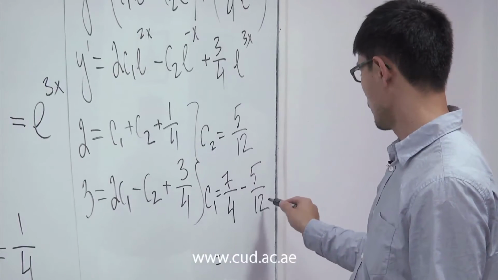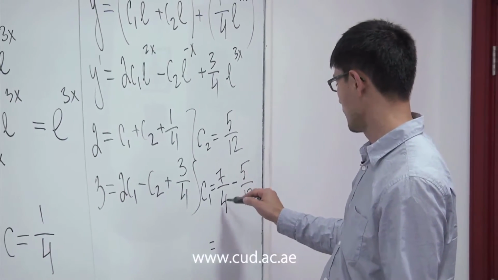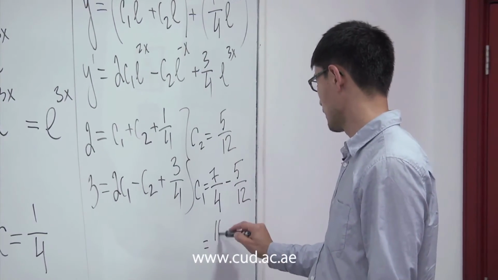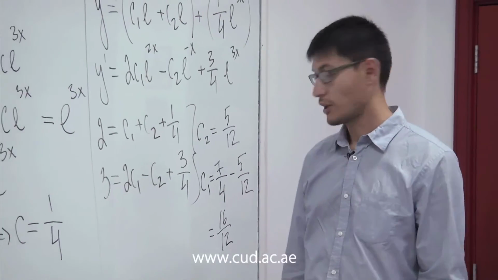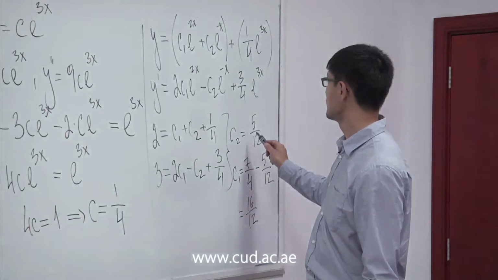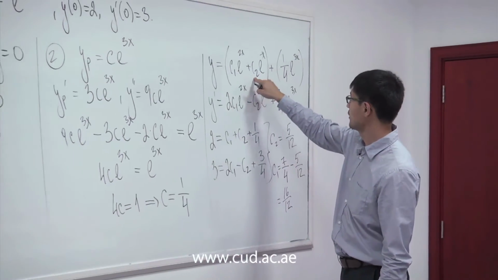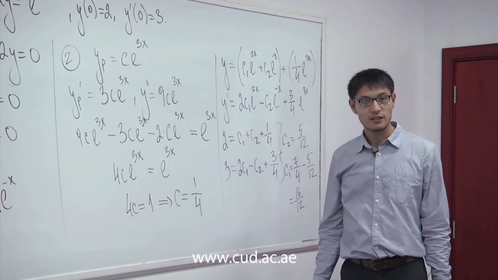So this is going to be, if I multiply by 3, 21 minus 5. So that's 16 over 12. Okay? So we found c1 and we found c2. You plug them into the general solution, and you're done.